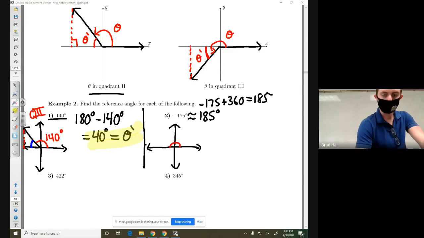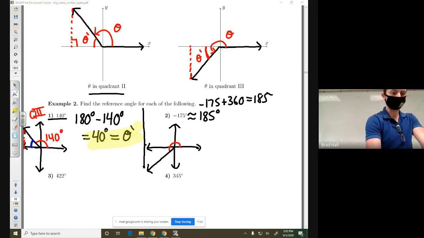Going to the next one is 180. We have 185, so we have enough to spare. And then for that final 5 degrees, because we went 180 of the 185, it's just going to jet out a little bit further. In other words, this is something in quadrant 3.